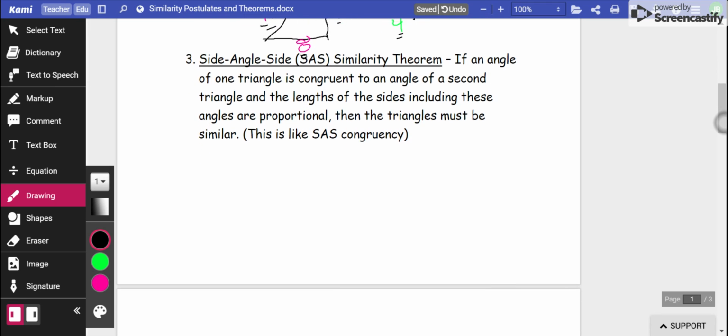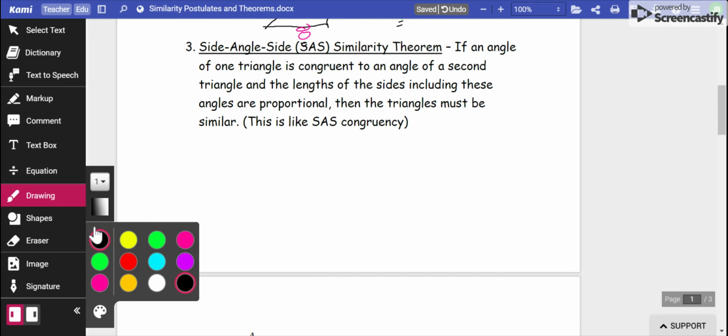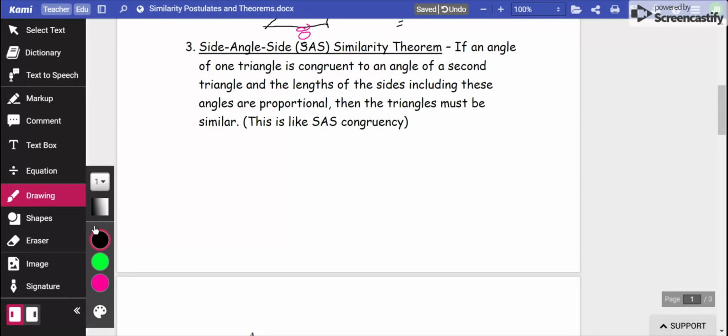And then the last item that we have here is the side angle side similarity theorem. If any angle of one triangle is congruent to an angle of a second triangle, and the lengths of those sides, including these angles, are proportional, then the triangle must be similar. What I'm referring to there, let me draw a picture here.